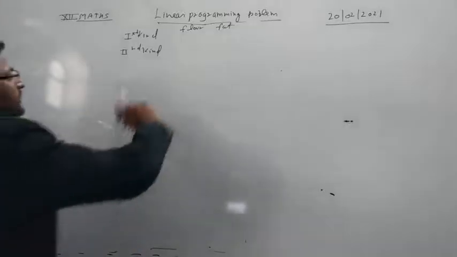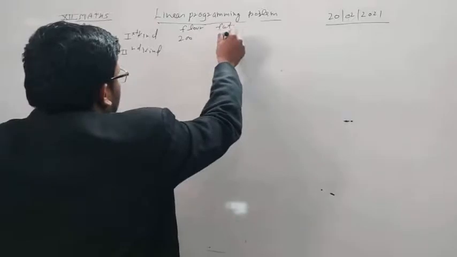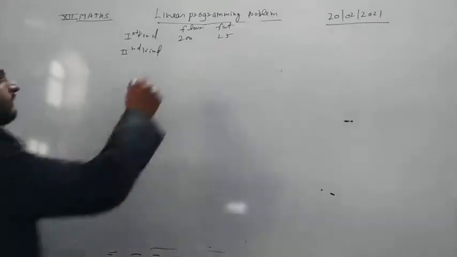One kind of cake requires 200 gram of flour and 25 gram of fat. Another kind of cake requires 100 gram of flour and 50 gram of fat.